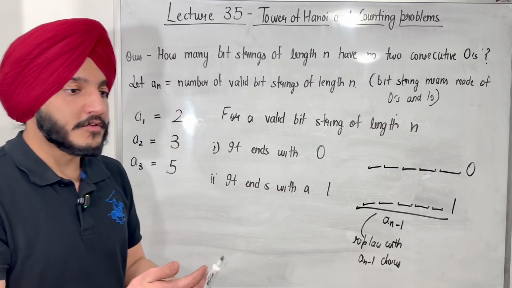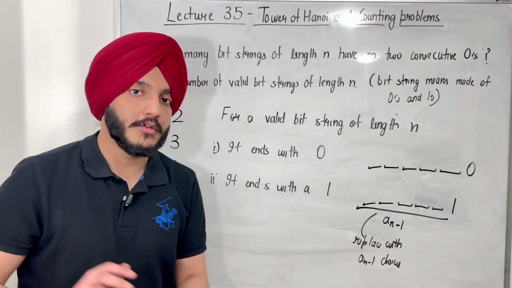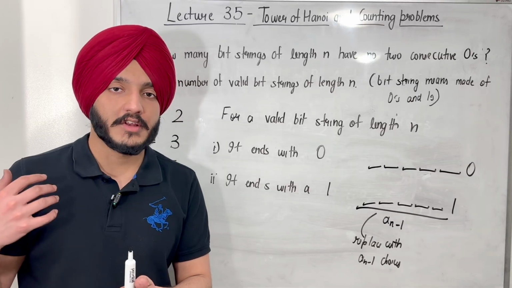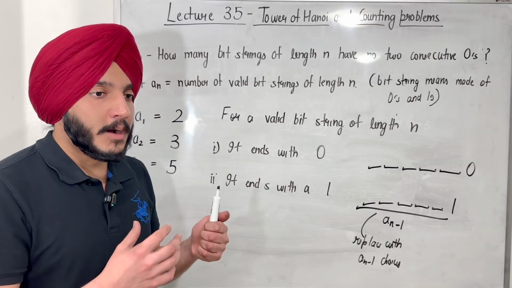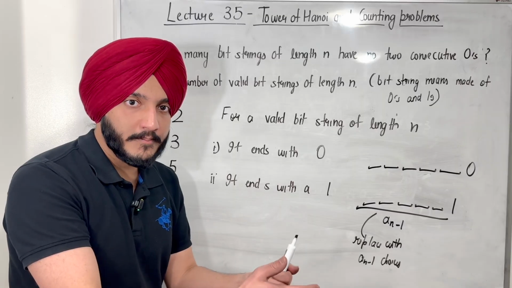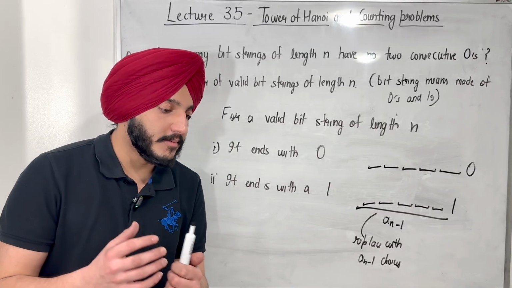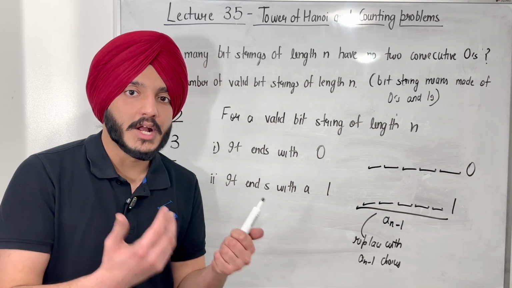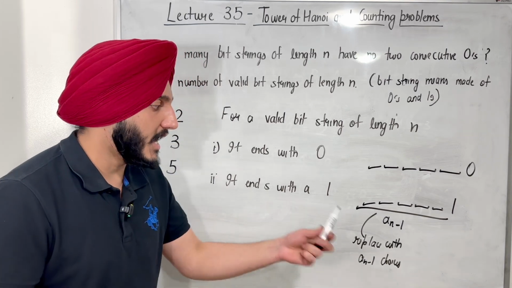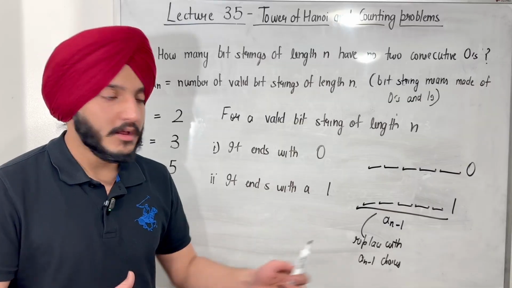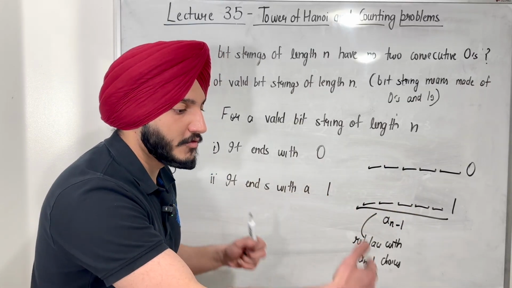So I just take a step back and go to the previous person I had. This bit string ends with a 1, I can give it to the previous person behind me and tell them that you already have the count of the bit strings of length n minus 1. That's all we need. You can replace this many values with that amount.